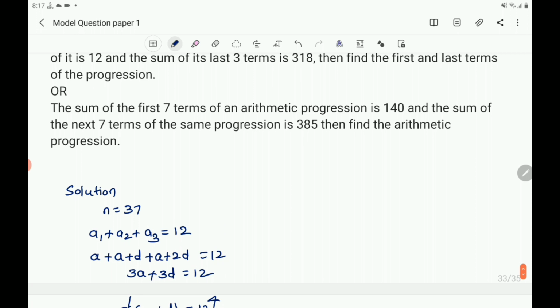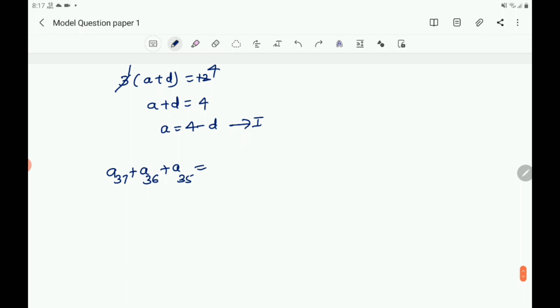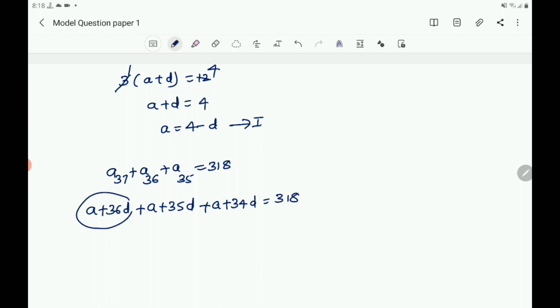It is given that 318. And a37 is a plus 36d, plus a36 is a plus 35d, plus a35 is a plus 34d, equals 318. Why do you have to write a plus 36d, a plus 35d, a plus 34d?